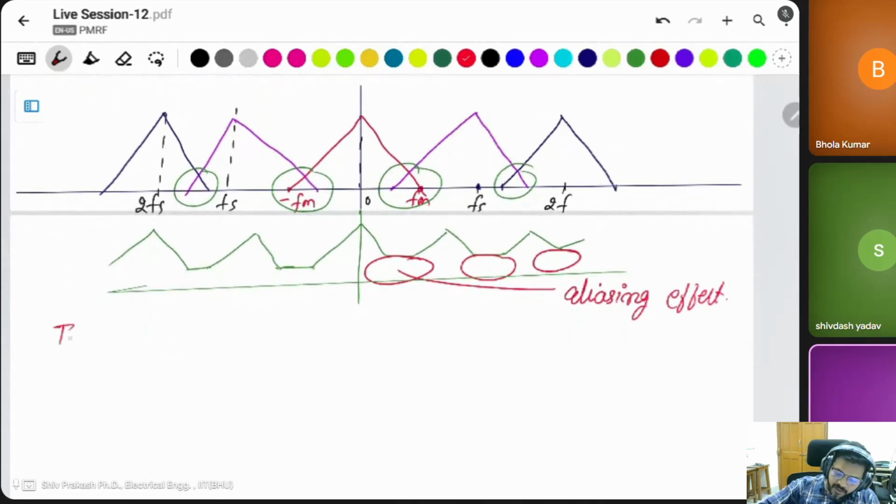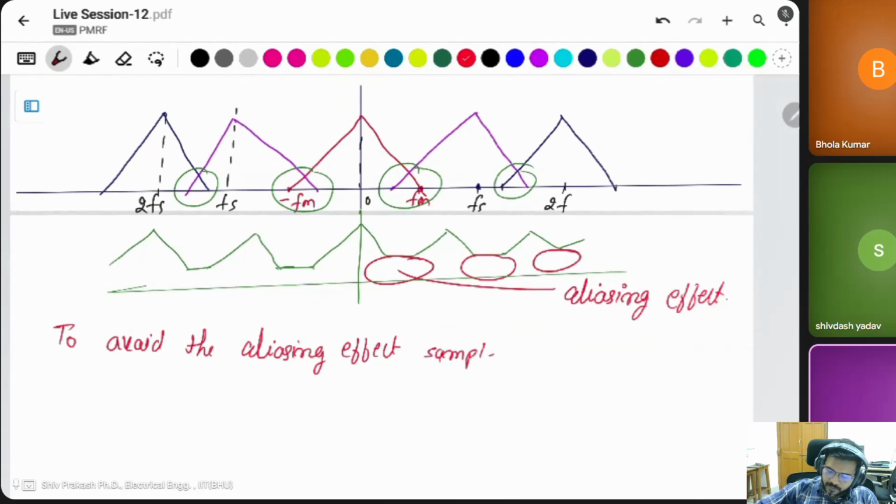It means to avoid the aliasing effect, the sample rate Fs should be greater than or equal to 2Fm. Then the original signal is not distorted.